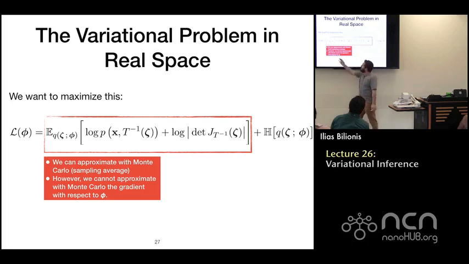Right? However, what you really want in order to maximize this is information about the derivative of L with respect to phi. But when you take the derivative of L with respect to phi, you have to differentiate also here. So the derivative doesn't just go inside the expectation. It's one of these unfortunate cases. So if you just put the derivative inside the expectation, you're going to get something that's basically garbage. Okay?